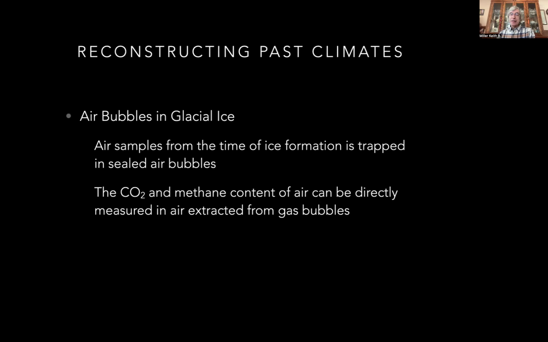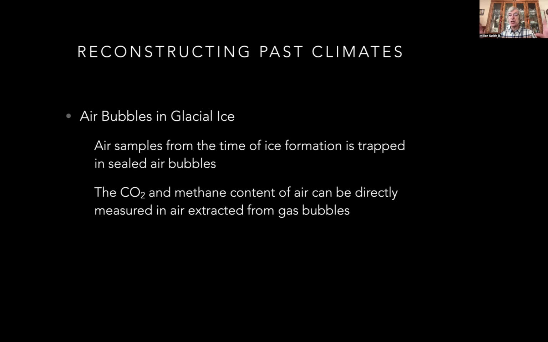One of the most interesting sources of climate data are ice cores. So if you drill an ice core, whether it's Antarctica or Greenland ice sheet or elsewhere, you drill out a core of ice, you'll find that that ice is filled with air bubbles. And those air bubbles were trapped in the ice as that ice solidified out of the snow that fell.